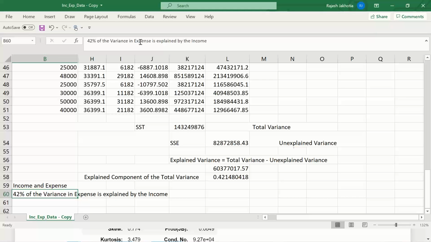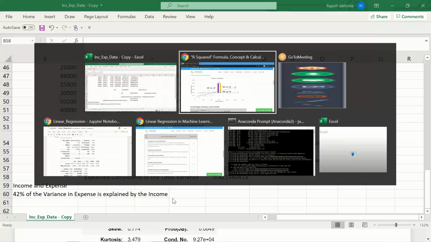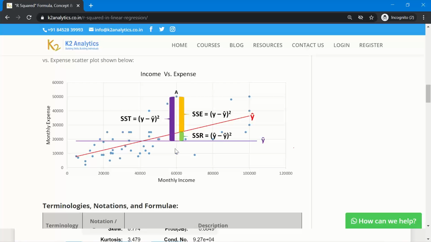That 58% can be because of many reasons. For example, coming back to this image, there is a household which is at 60,000 income level. Someone is spending 50,000 and the other person is just spending 10,000. Probably in this household where there is 60,000 income, the one which is spending 50,000 may have 10 members in the family, whereas the one which is just spending 10,000 may have only 2 members in the family.